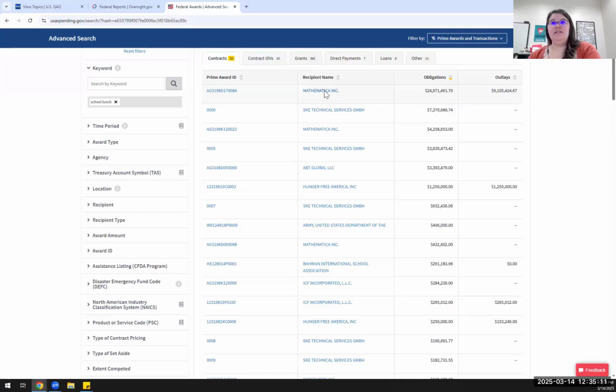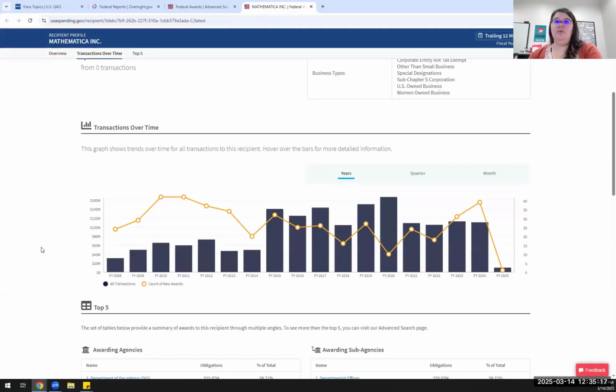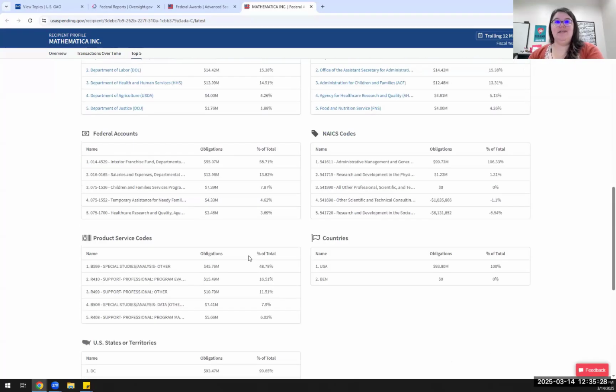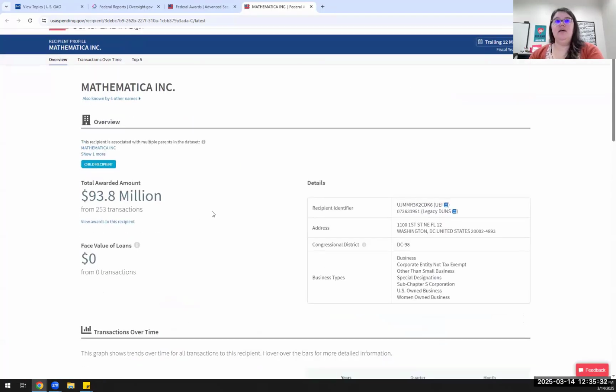And we can even look within this report to see how much we've paid them over time, right? So this isn't always coming out in one fiscal year. Sometimes you will see that it's coming over multiple years. You can see where it's coming from and pull through and look at this.